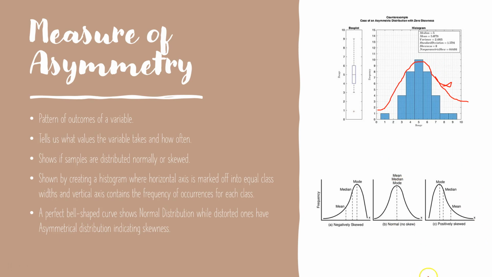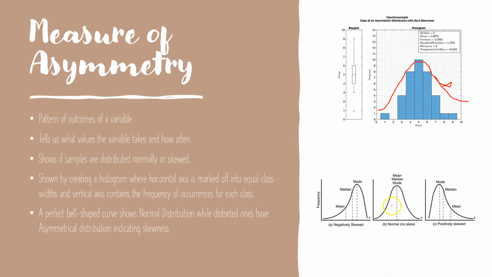Sometimes our results are positively skewed or negatively skewed, where your mode, median, and mean are more disparate instead of all together, which is what you would see in a normal setting. So if you put the results in a histogram setting like this, and you examine the range at the bottom on the x-axis and how frequently each number was represented in your data set on the y-axis, you get this histogram, which is what you're using for the measure of asymmetry.